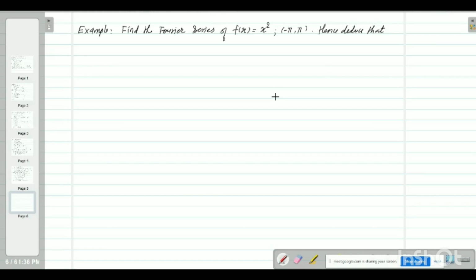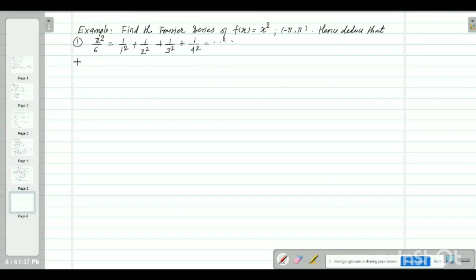Hence deduce that pi square by 6 is equal to 1 upon 1 square plus 1 upon 2 square plus 1 upon 3 square plus 1 upon 4 square and so on.